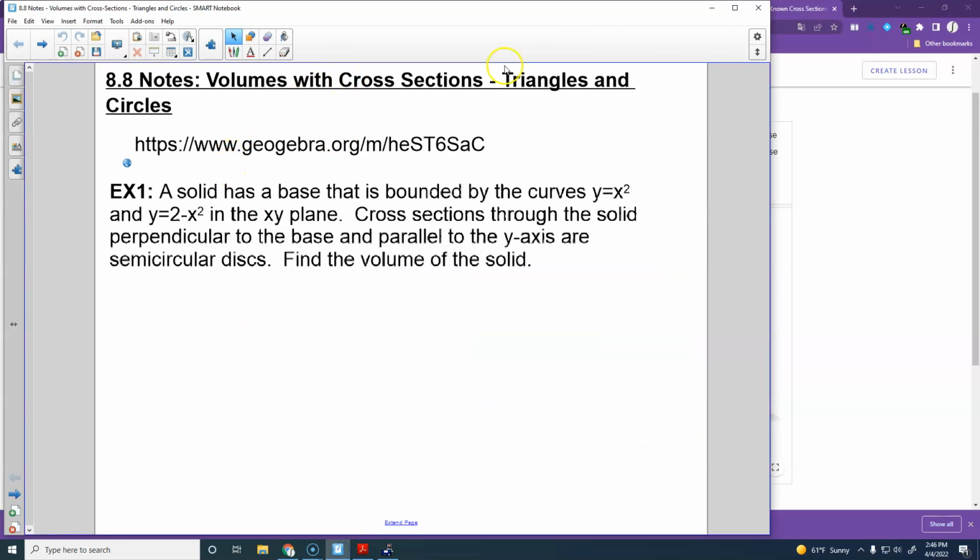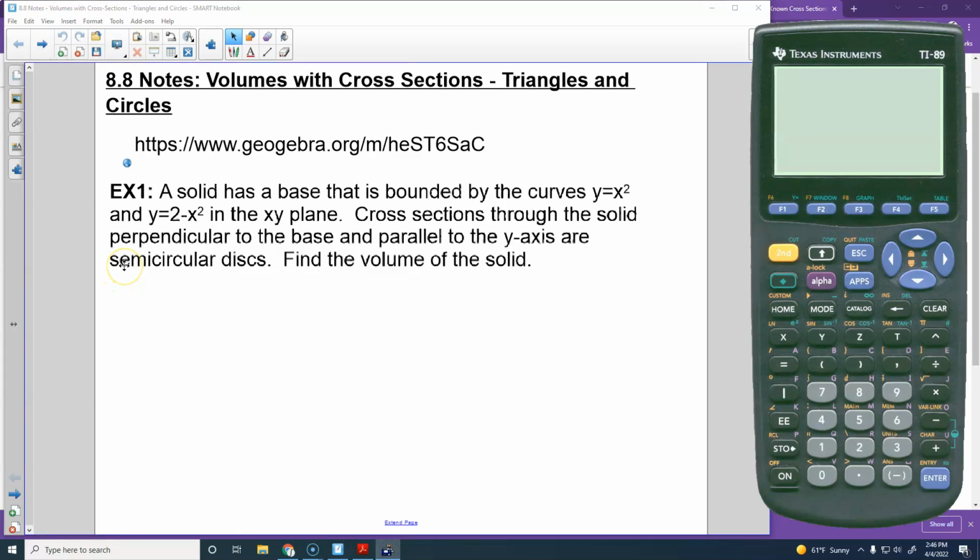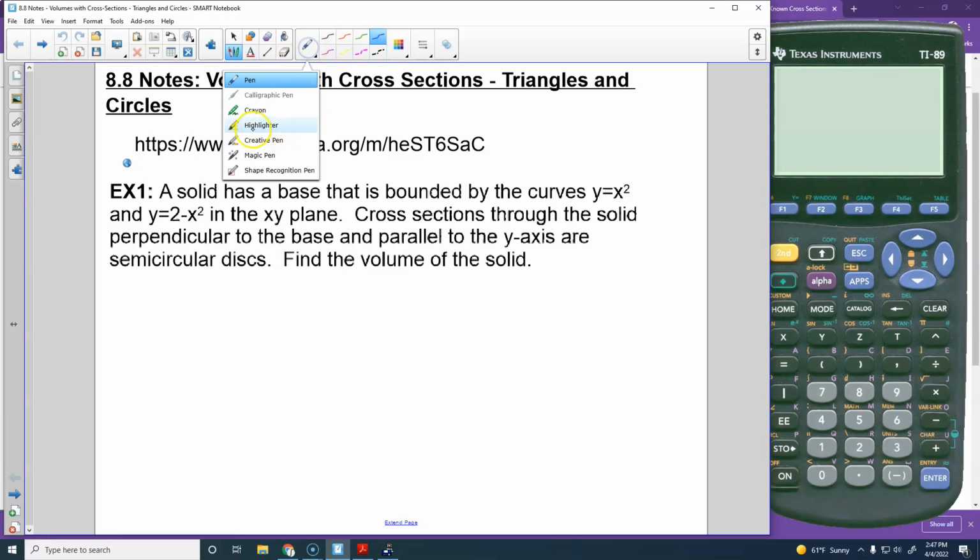All right. A solid has a base that is bounded by the curves y equals x squared and y equals 2 minus x squared in the xy plane. Cross sections through the solid perpendicular to the base are parallel to the y-axis. Watch out for that. Parallel to the y-axis, is that dx or dy?